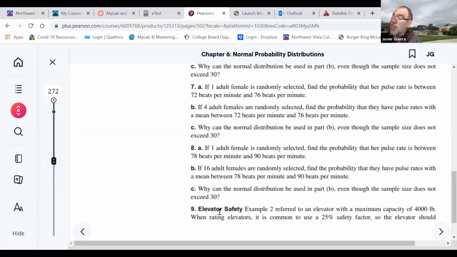You're dealing with 4 people. This is a multiple sample column. So 4 is your n.